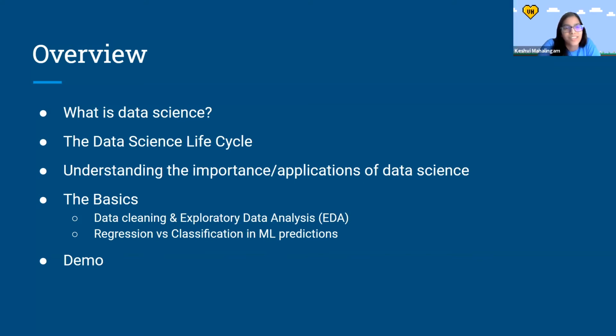We'll also talk about data cleaning and EDA, which are both important steps in the life cycle, and we'll get into why they're important. And then after that, we're going to talk about making predictions using machine learning and the difference between two types of predictive modeling problems, which is classification and regression. And then Jerry is going to finish it off with a demo.